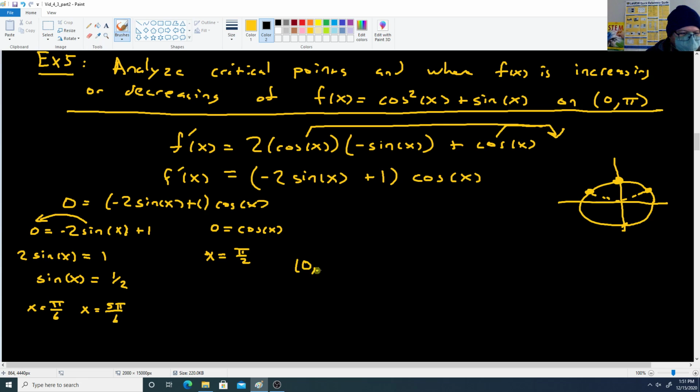So we're going to break our real number line up into the following parts. We're going to have 0 up to pi over 6. Then we're going to get the value pi over 6 itself. We have pi over 6 up to pi over 2. Make it pi over 2.